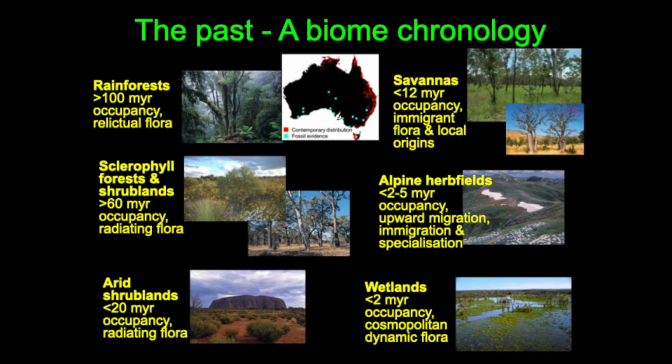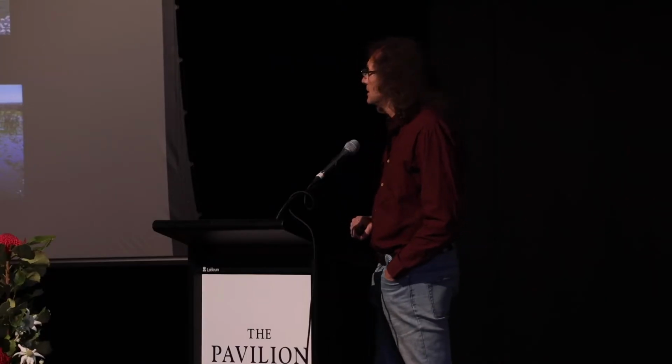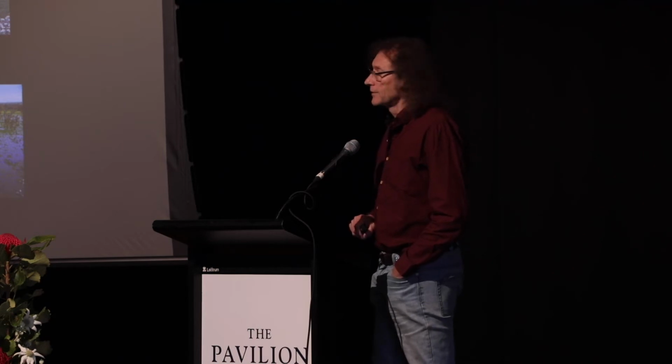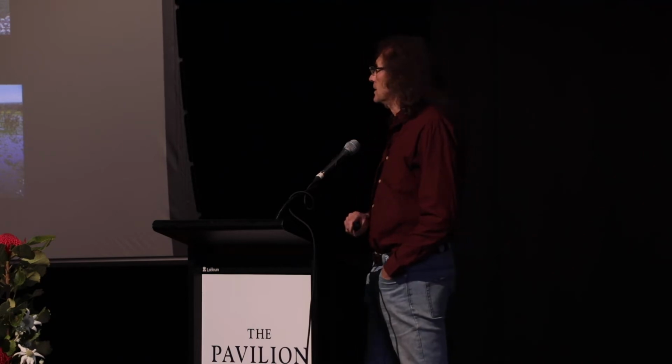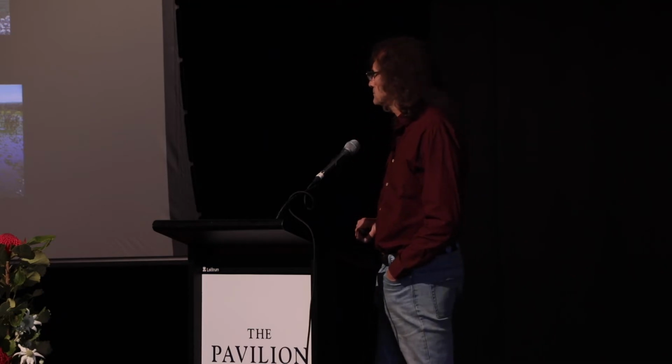of the oceans. And getting more recently, the tropical savannas are a much more recent phenomenon, perhaps the last 10 or 12 million years. A lot of that has moved in from an influence as we got closer to Asia. The alpine herb fields are much more recent because we've only had an alpine environment in the last couple of million years. And a lot of our alpine flora is actually derived from upward migration of plants that were already here.